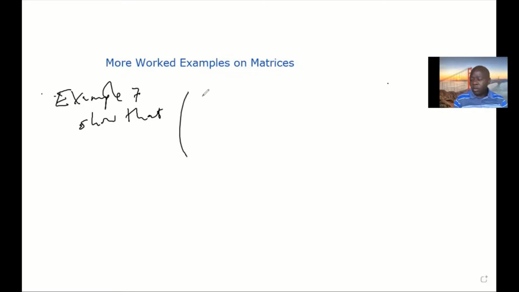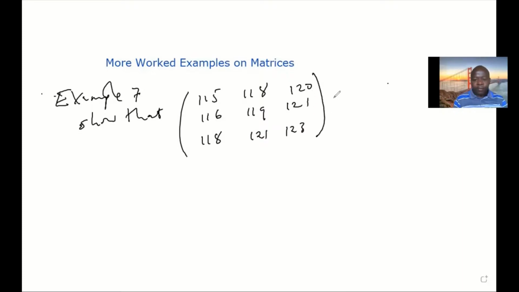Show that this matrix, 115, 118, 120, 116, 119, 121, 118, 121, 123, is singular.